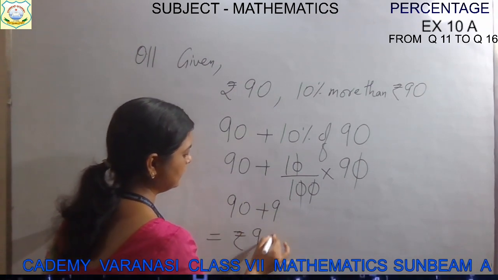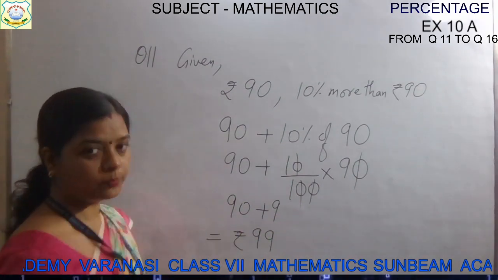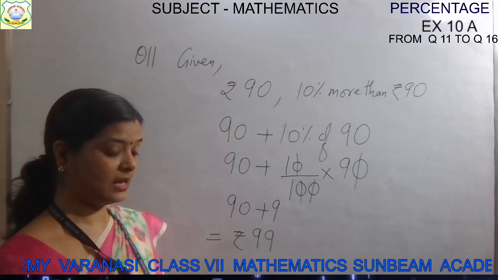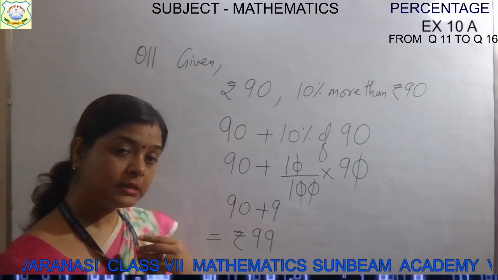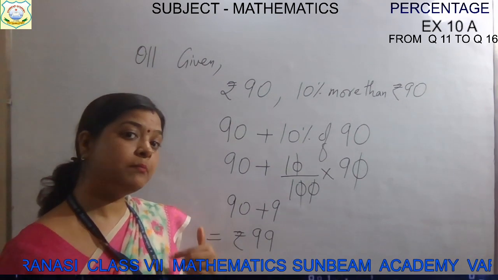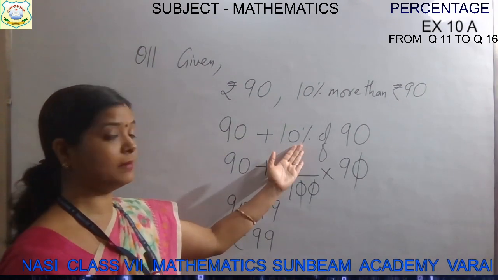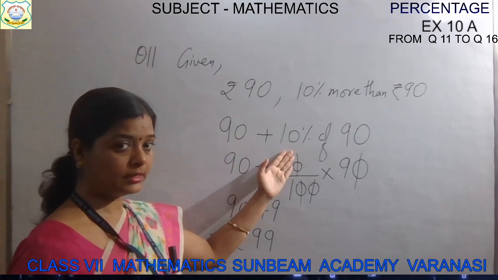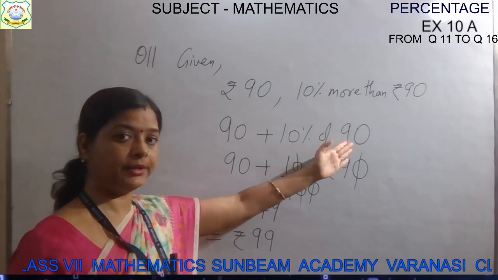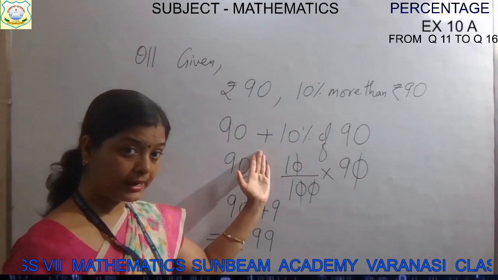Rupees 99. He or she is having rupees 99. I am having 90 rupees and that person is having 10% more than what I am having, so he or she will add 10% more than 90 rupees. This we have to add.